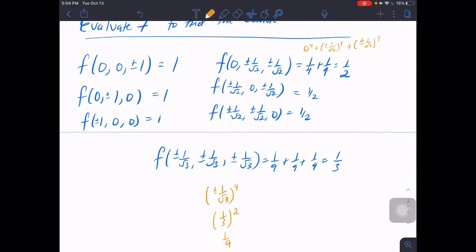And so when you look at all this here, you then conclude that it's at these points where you get an absolute max of 1, and at these points you have an absolute min of 1/3.